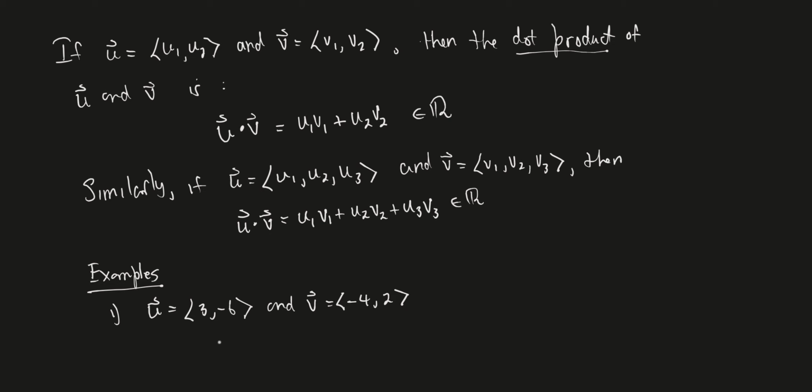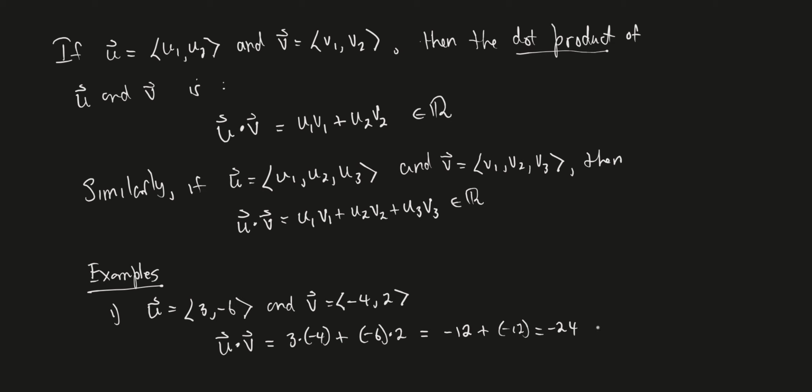Then the dot product u times v is equal to 3 times -4 plus -6 times 2. So this is -12 plus -12, which is -24.